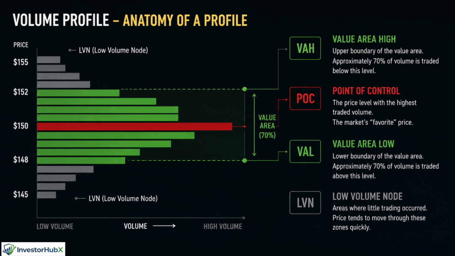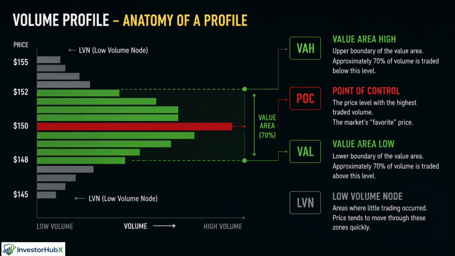Although the chart may look complicated at first, there are really only a few important components you need to understand. The first one is the point of control, POC. The point of control is the price level where the highest amount of trading volume occurred during the selected period. Think of it as the market's favorite price, the place where buyers and sellers were most interested.